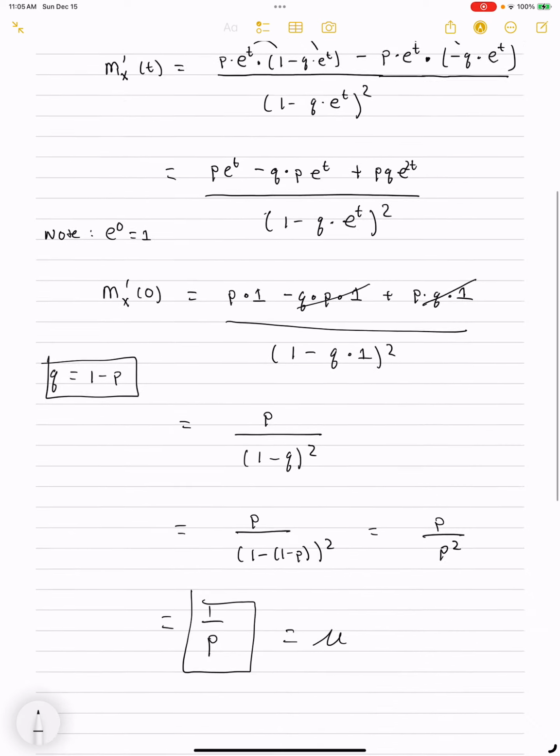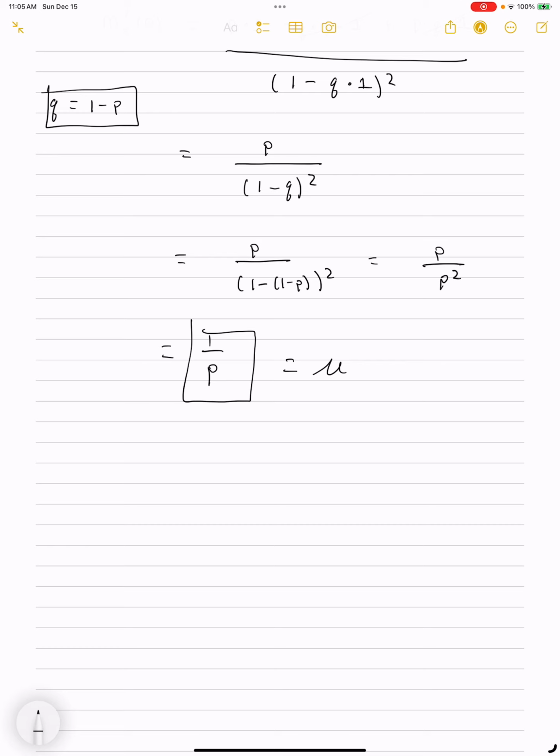One other thing that I'm just going to tell you, if you wanted to calculate the variance of a geometric distribution, it is going to be E of x squared minus the mean squared.